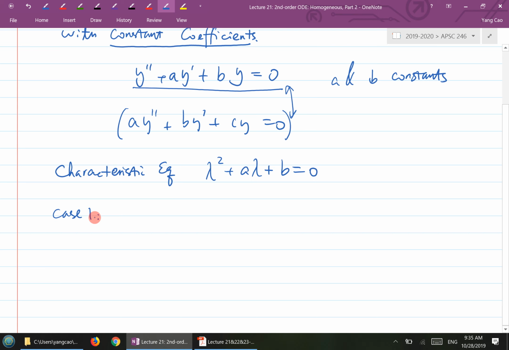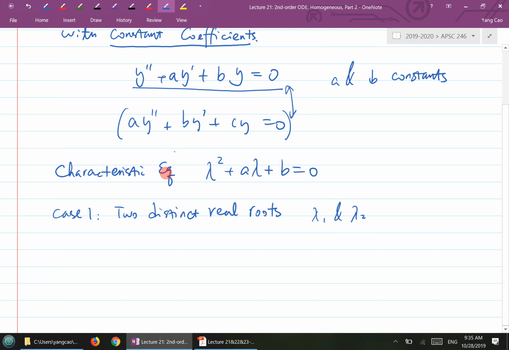The first case is when you have two distinct real roots, because the solution of a quadratic has two roots, lambda 1 and lambda 2.